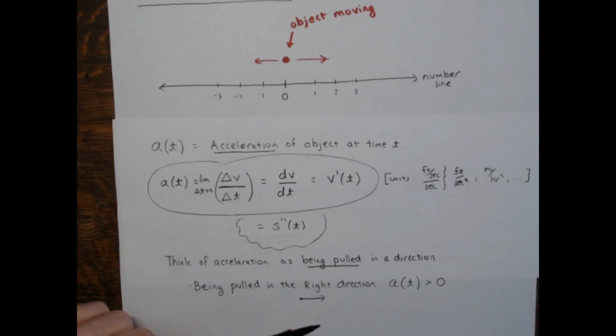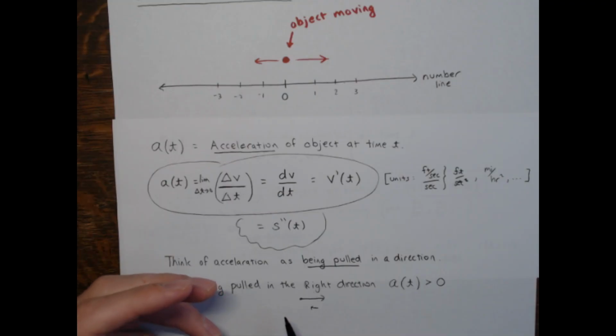Because again, think about what happens here. If I'm moving toward the left, but there's a push to the right, the velocity would be negative, but I'd be slowing down, right? So the magnitude of the velocity, your speed, would be getting smaller and smaller.